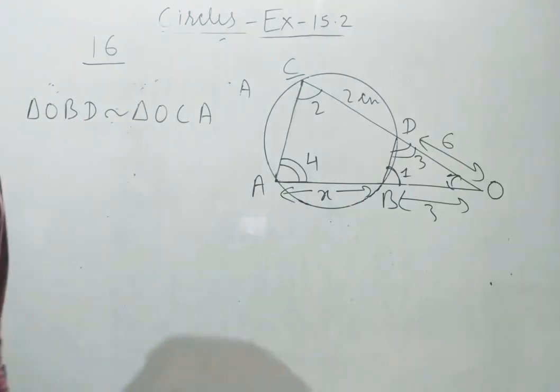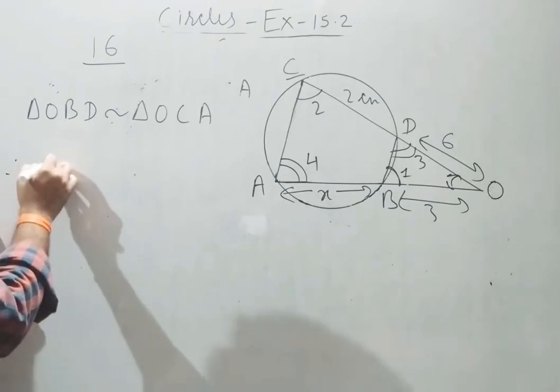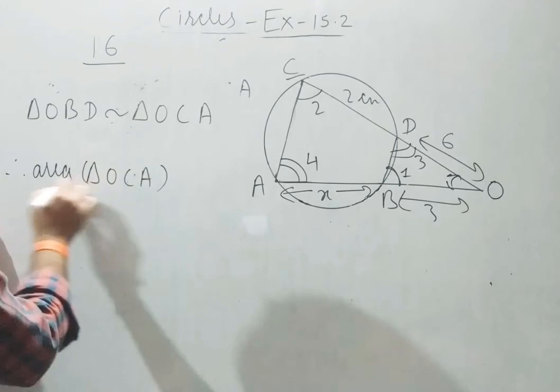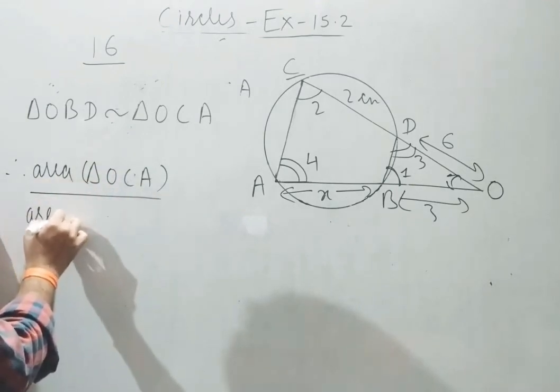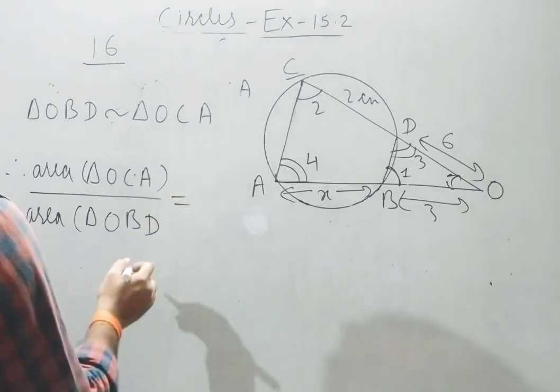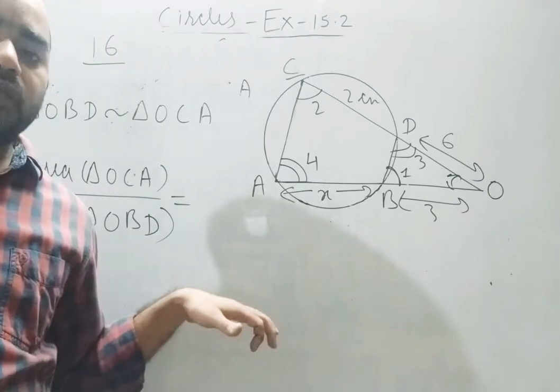I am taking the bigger one first. Why quadrilateral CABD is mentioned? Therefore, area of triangle OCA upon area of triangle OBD is equal to the ratio of squares of their corresponding sides.